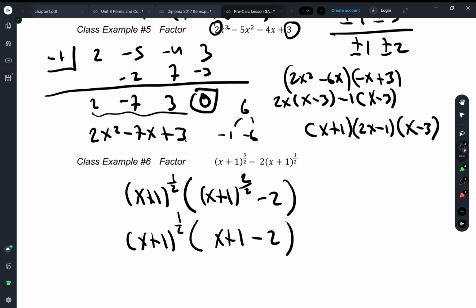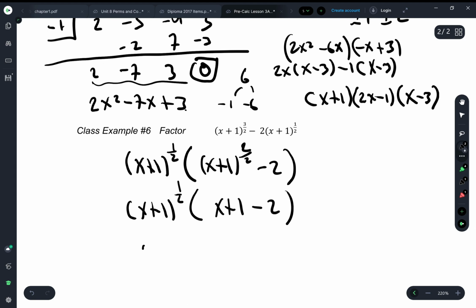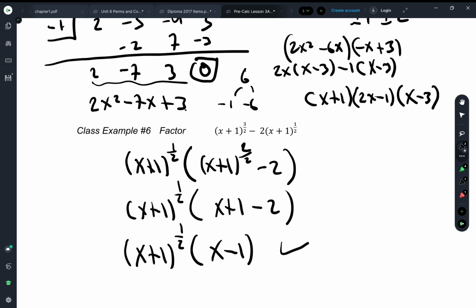Because 2 over 2 is just to the 1, so there's really no exponent there. And now you're done, because you just got to finish that off. You're there. 1 minus 2 for x minus 1. So this is your final factor. Okay, stop there.